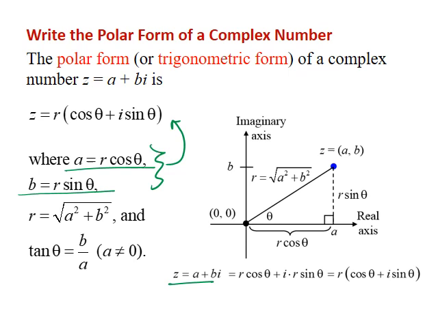So this z equals a plus bi, so this number can be rewritten by replacing a and b here, and then factoring out the r.